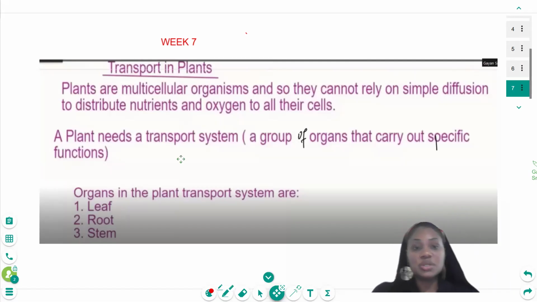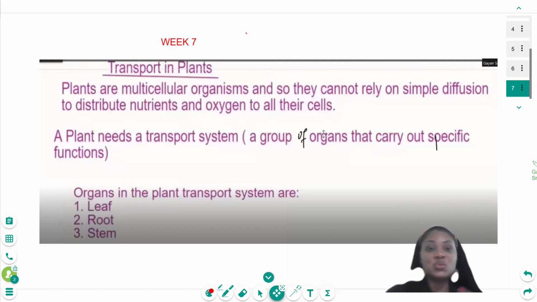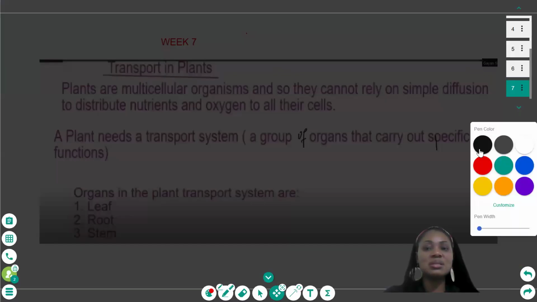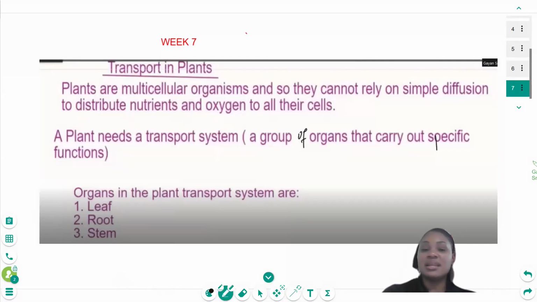Now, as it concerns transport in plants, we had looked at transport in humans, and one of the differences with our plants is that they are multicellular organisms, just like humans, and so they can't depend on simple diffusion alone to get their nutrients.